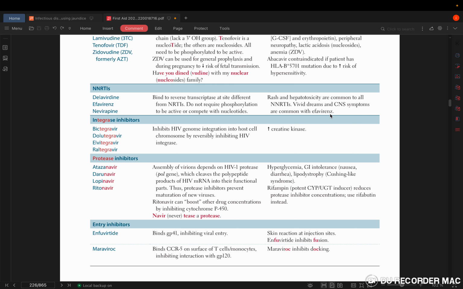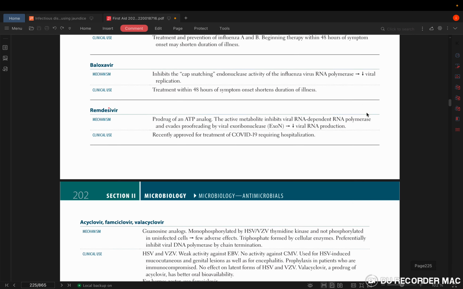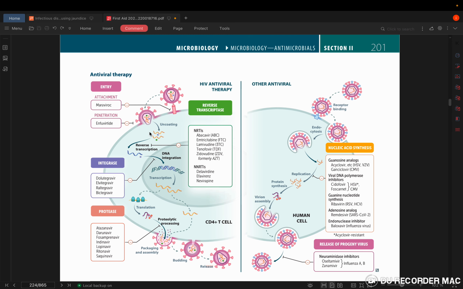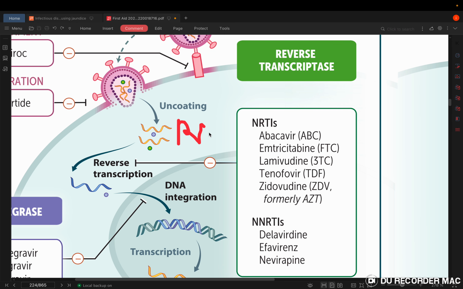So the integrase inhibitors prevent the integrating of basically the reversed DNA from the RNA. They prevent it from integrating into the DNA of us. Remember, after the virus entered our cell, it has been converted from an RNA into DNA, and now it wants to integrate using an integrase.